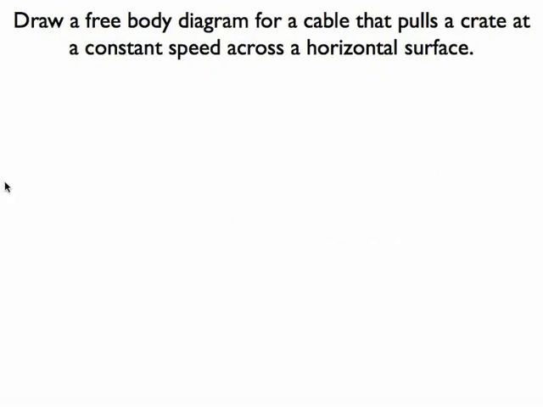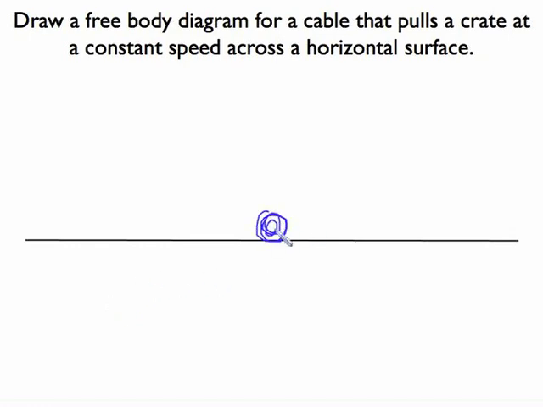For this one, you want to go ahead, draw your horizontal surface, and then you want to draw your crate. This says that the cable is pulling the crate at a constant speed across the horizontal surface.